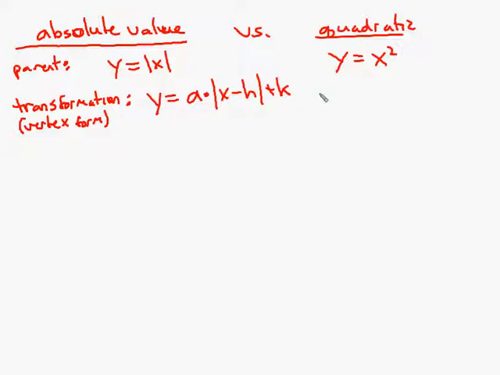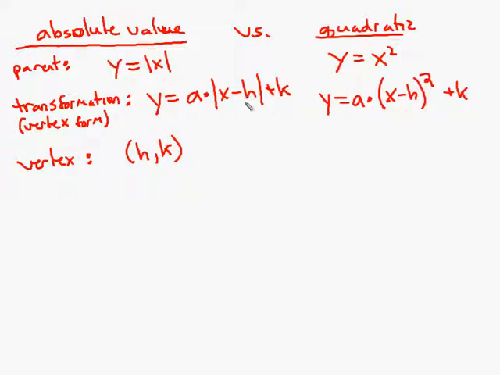For quadratic, it's very similar. Y equals a times x minus h, but now instead of it in absolute value, we square it, plus k. Our vertex then is, for both of these, h comma k. And notice I switched the sign on h, but not the k. Same for the quadratic, h, k.